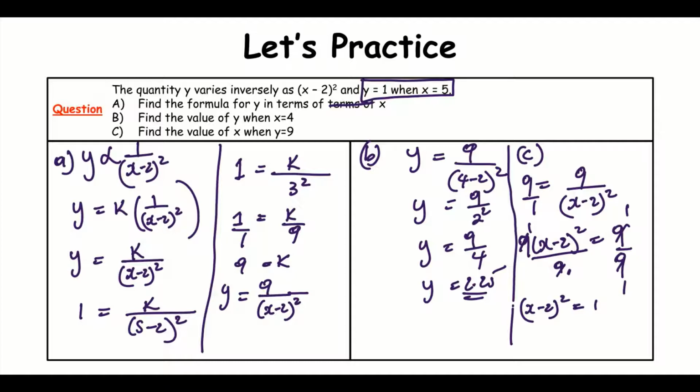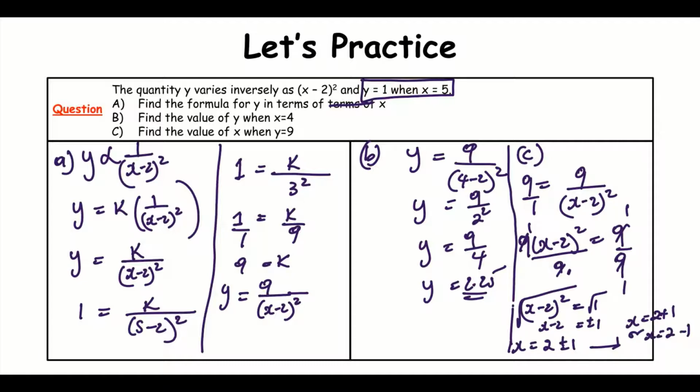Now we're going to solve for x, so we get rid of the square by taking the square root of both sides. And we know that square root is plus and minus, so whatever we get is plus and minus 1, and we're left with x minus 2 is equal to plus and minus 1. So x is equal to 2 plus or minus 1, which gives x is equal to 2 plus 1, or x is equal to 2 minus 1.